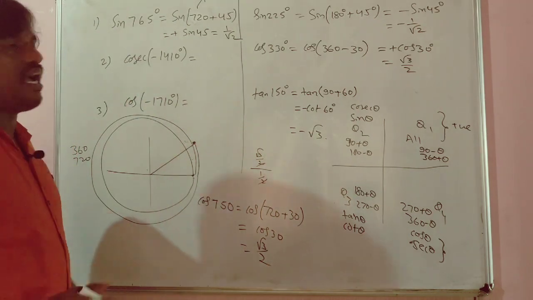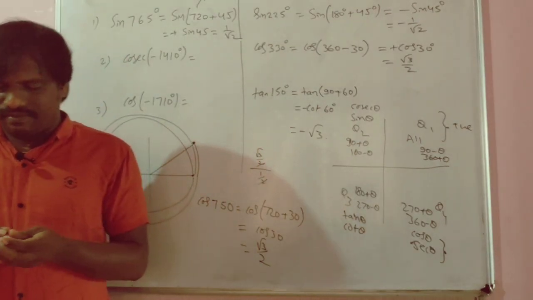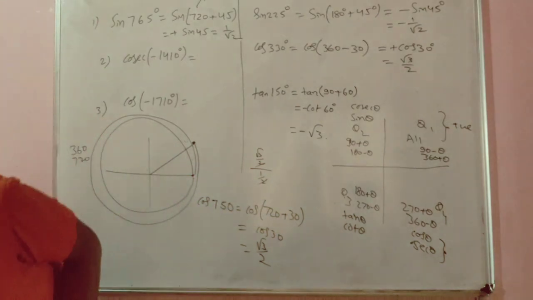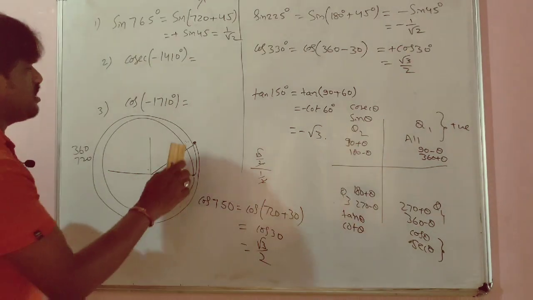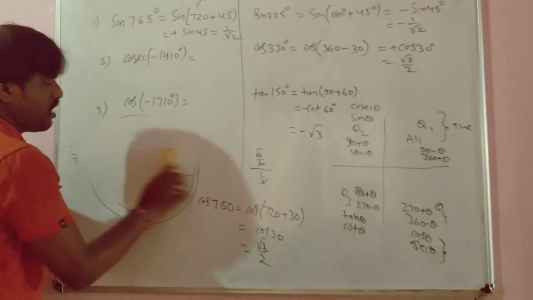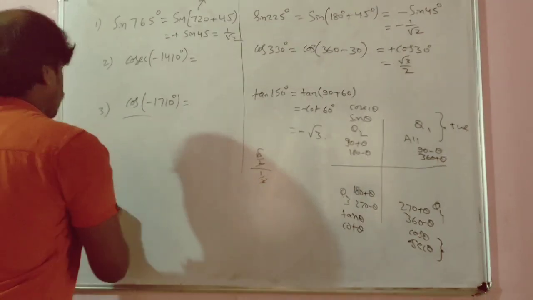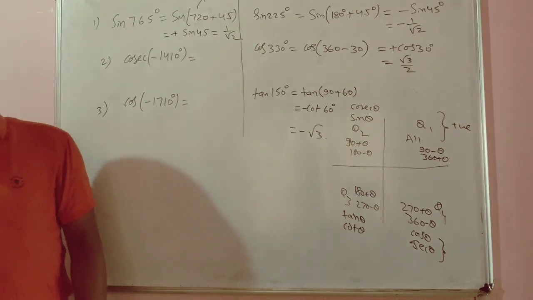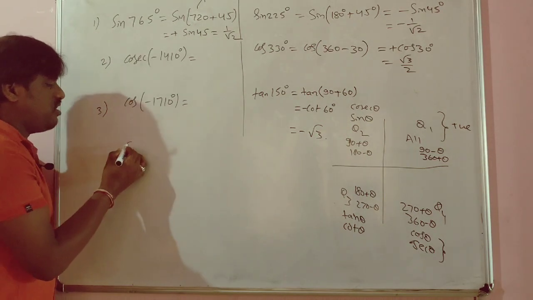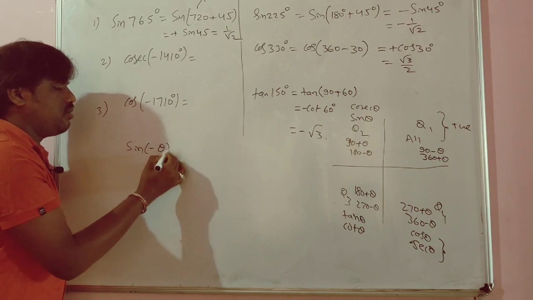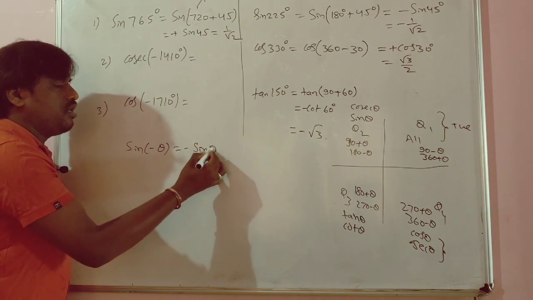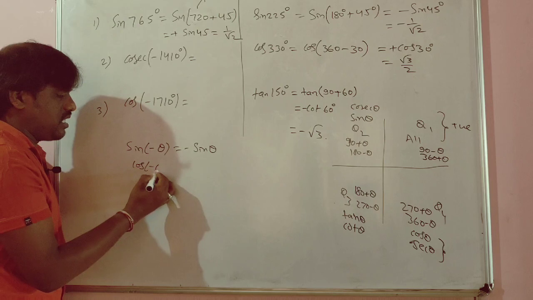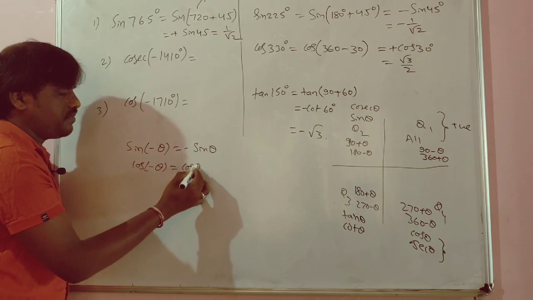Now here these have minus. Whenever you have a minus, keep in mind, now if I have a minus, how to deal with this question? How to find these values? I will tell you a few logics. Sine of minus theta is equal to minus sine theta. Cos of minus theta is equal to cos theta.